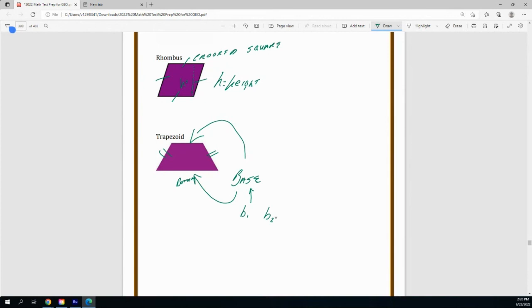But you would say B1 is the bottom, and B2, we usually call the top. So you're going to have some definitions thrown at you. You're going to have some symbols thrown at you. And that's what takes a little bit of time, is learning the symbols of the geometry formulas and what they actually represent.